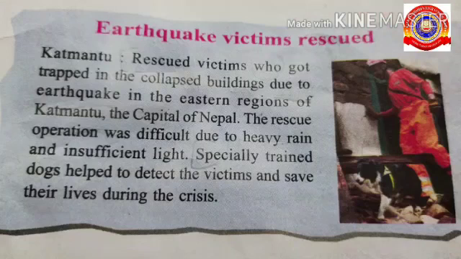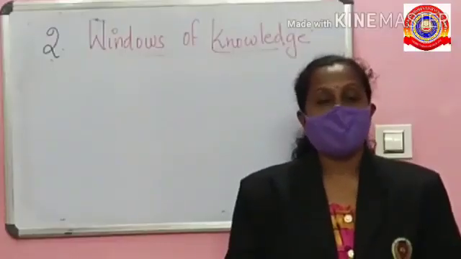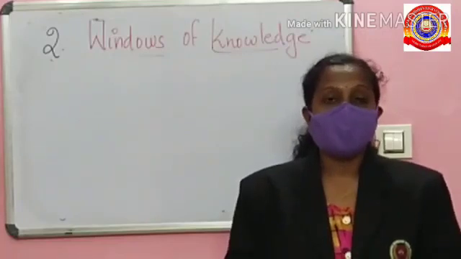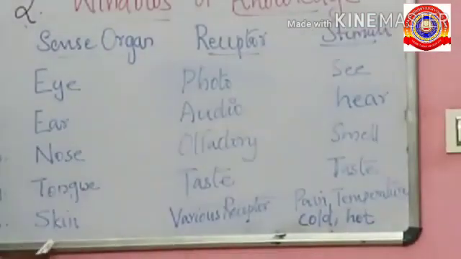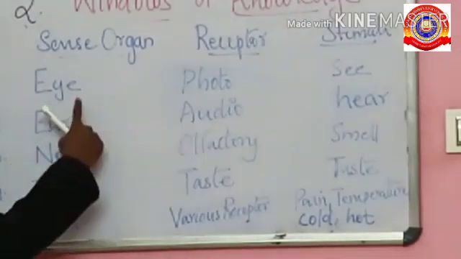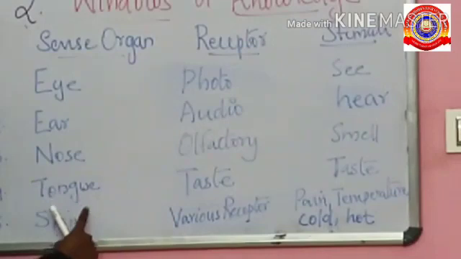Due to the earthquake, victims were trapped in the collapsed building, and a specially trained dog helped to detect the victims and save their lives. Here it states that more receptors are seen in animals than in human beings. Okay, here I am introducing the sense organs such as eye, ear, nose, tongue, skin.